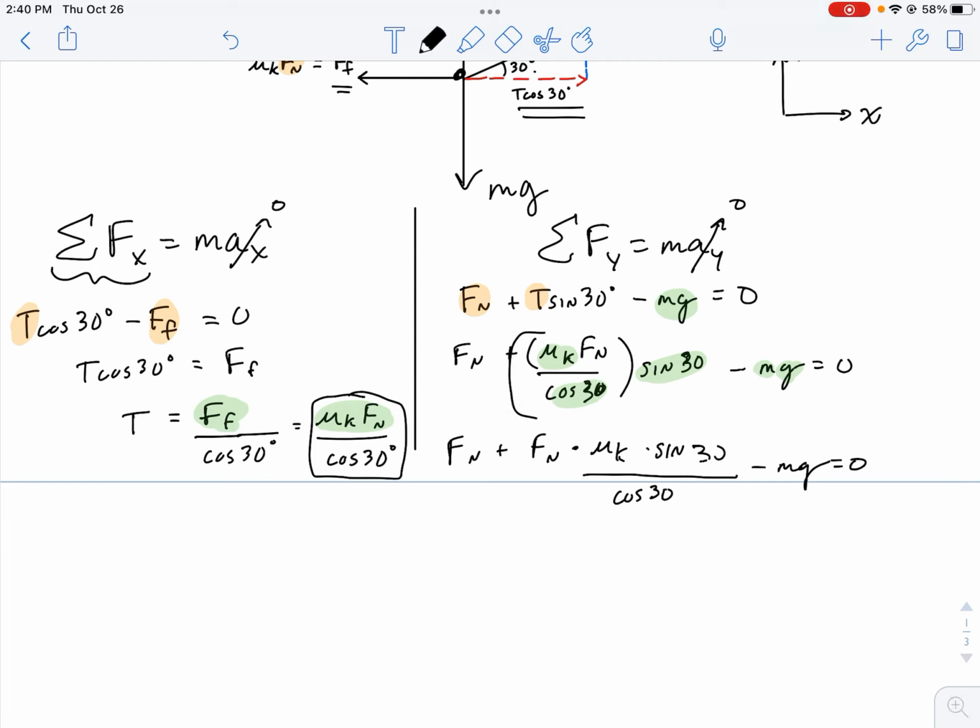I pulled the Fn in front because I'm going to combine it with this Fn.